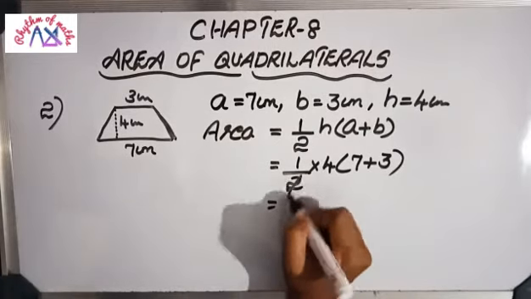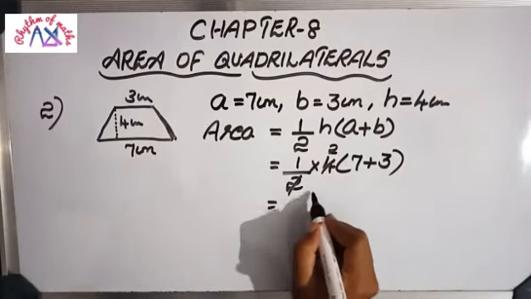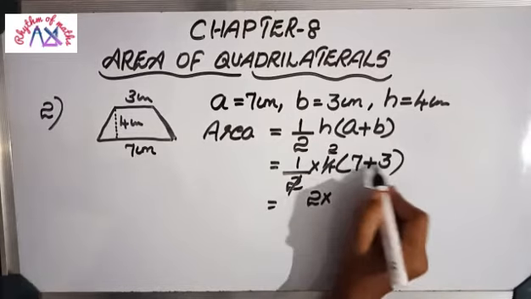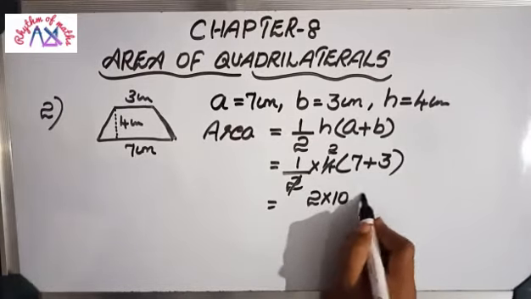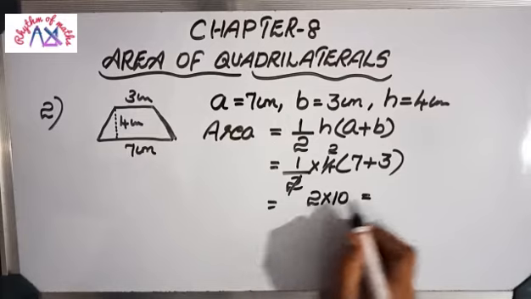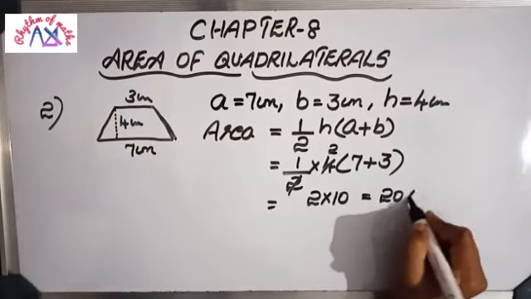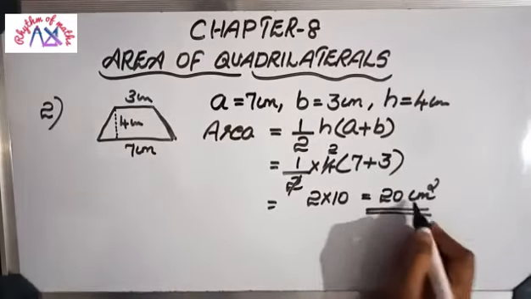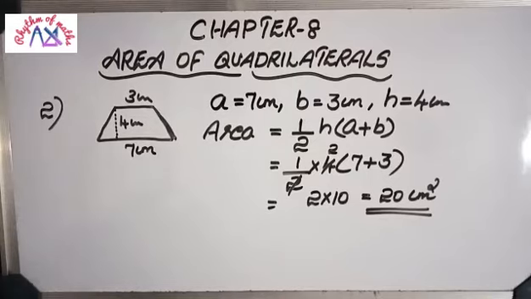Now 2 and 4 we can cancel. So here remaining is 2 into 7 plus 3 is 10. So answer becomes what? 10 into 2, that is 20 centimeter square. 20 centimeter square is the area of this trapezium. Okay, this is second question answer.